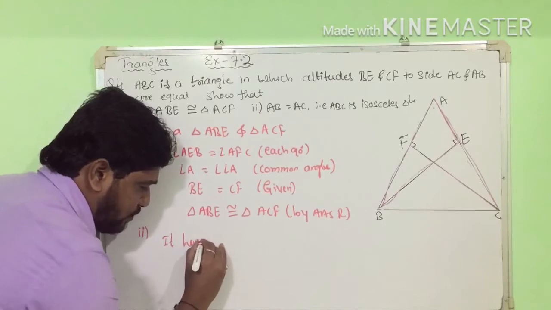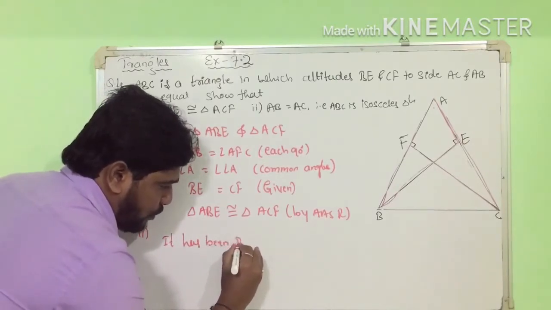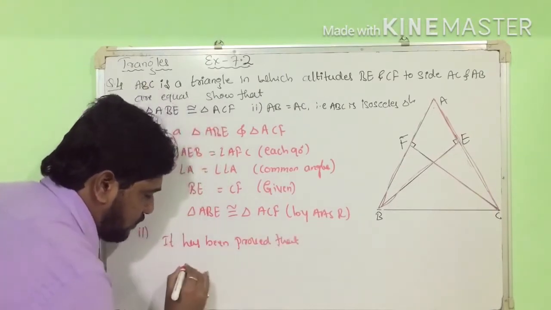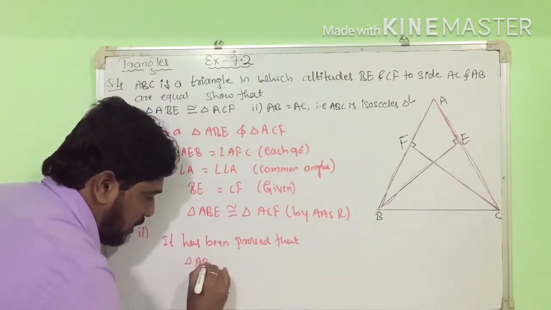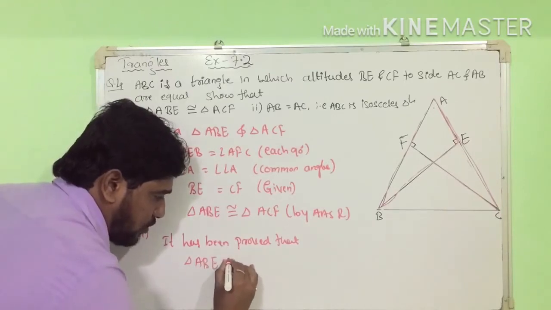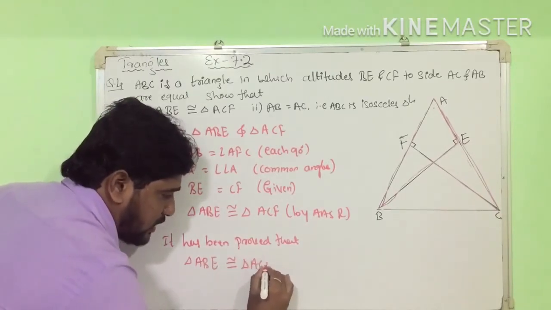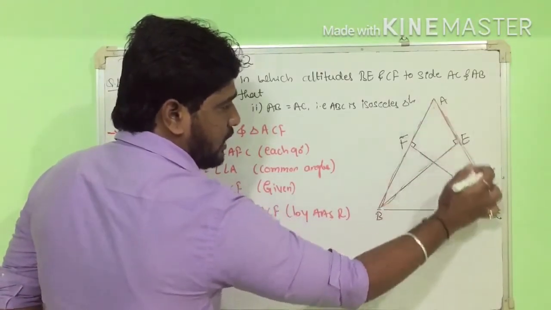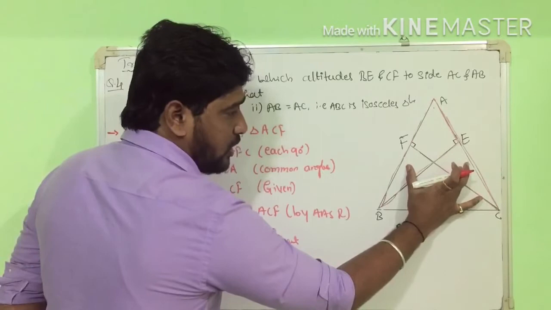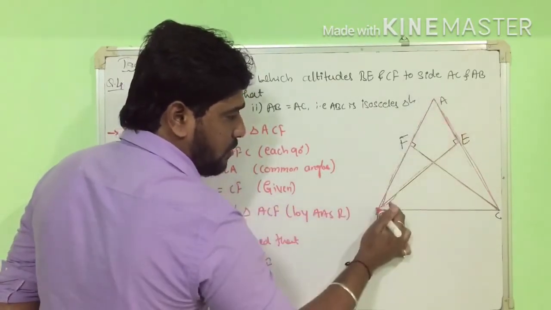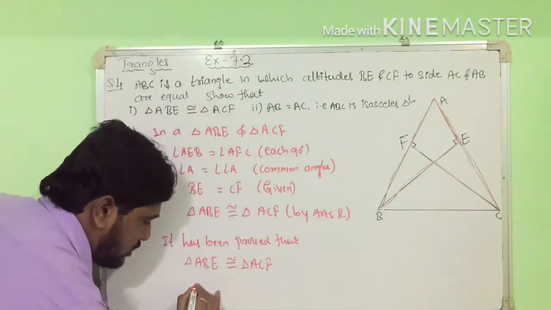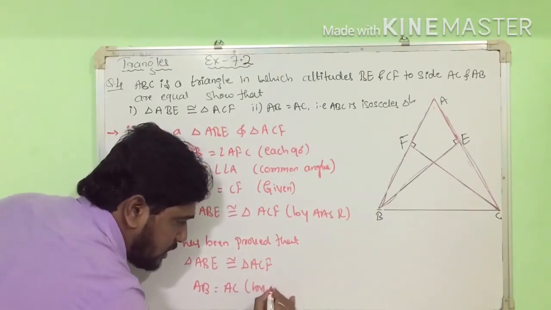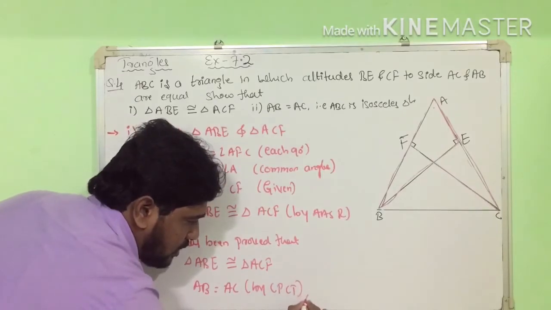It has been proved that triangle ABE is congruent to triangle ACF. So ABE and ACF, these two triangles are congruent. It means their corresponding parts AB is equal to AC by CPCT. Hence proved.